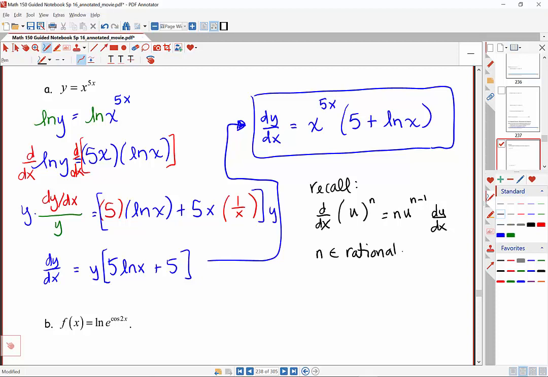A rational number is any number that can be made into the form of a fraction, right, integer over integer format. So we can't use that rule when you've got a 5x in there, right, because of that x. Okay?